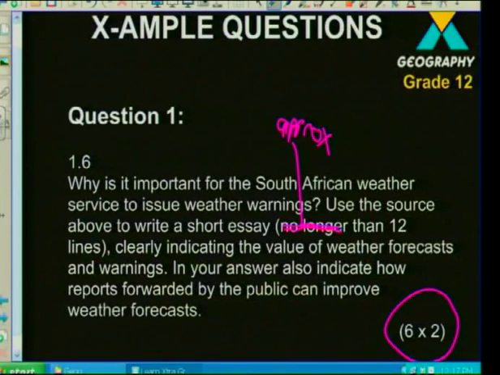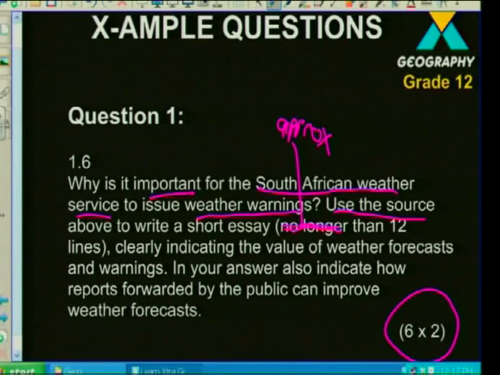Why is it important for the South African Weather Service to issue weather warnings? Okay, use the source, weather warnings. Why is it important for them to issue weather warnings? So immediately in this, we're looking at a statement about the necessity for weather warnings, the importance of it.